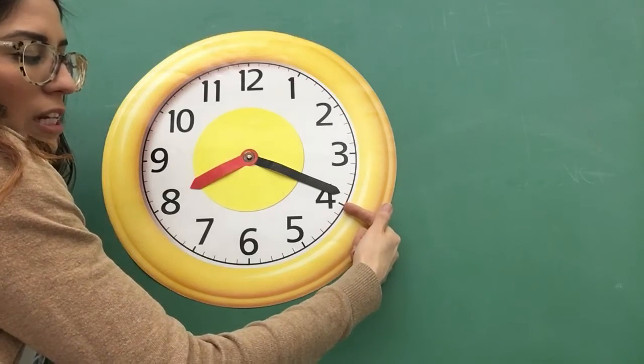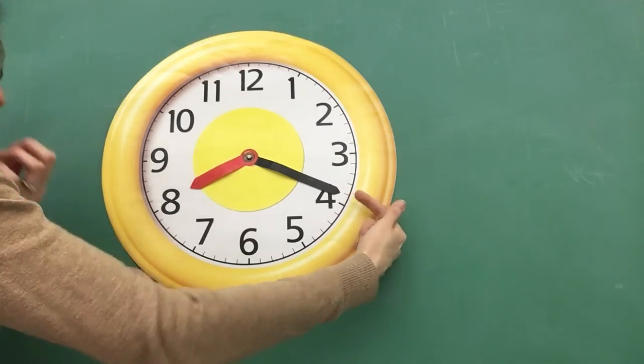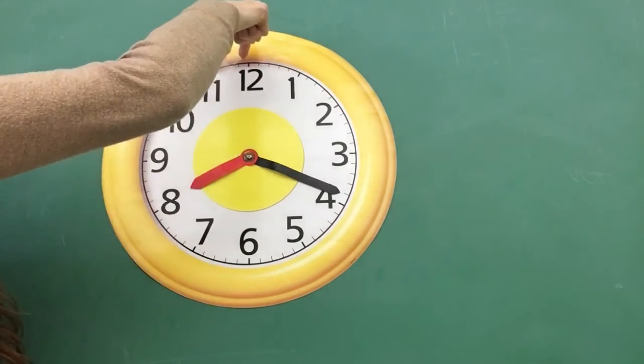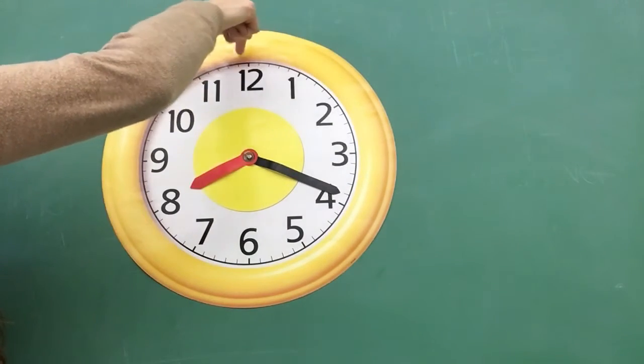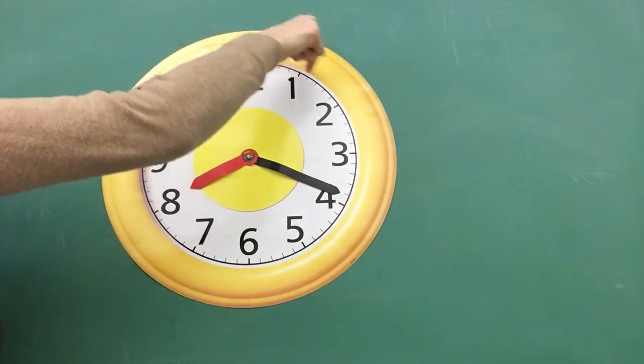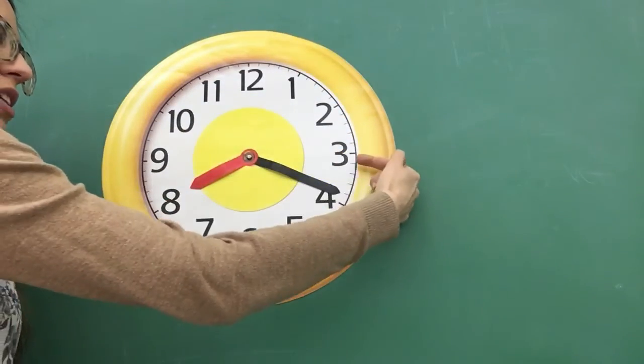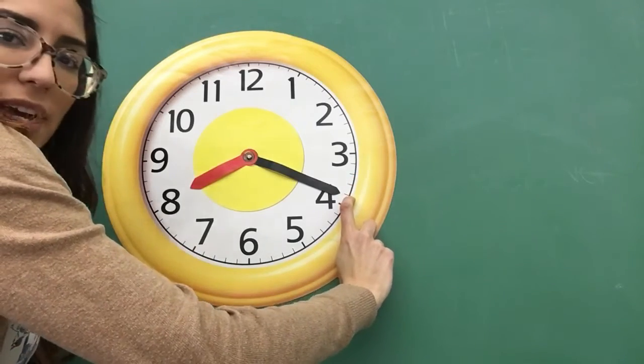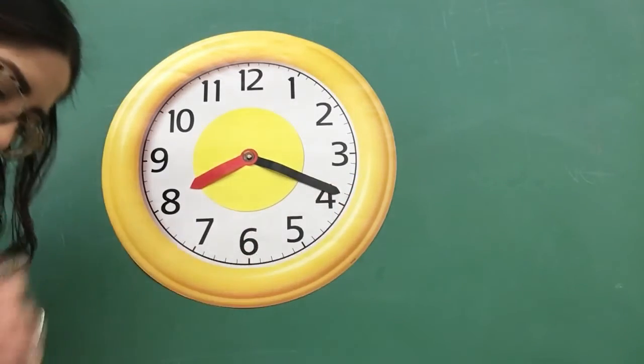And then that 5th one is on the 4, but it's on the 4th tick mark there. So we know that it's 8 what? Let's count by 5s. 8 o'clock, 8:05, 0, 5, 10, 15, 16, 17, 18, 19. Very good. 8:19, okay?